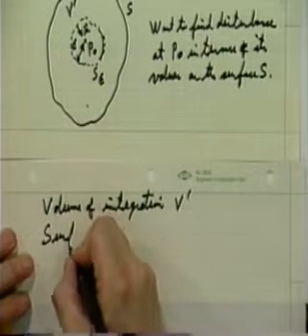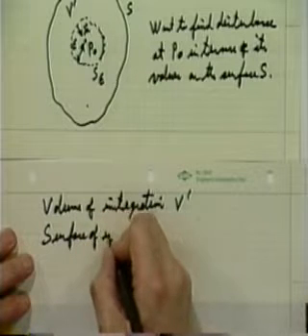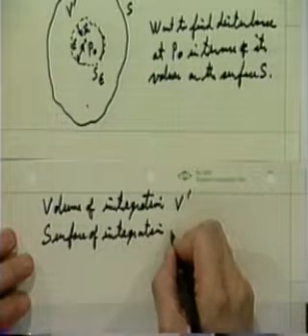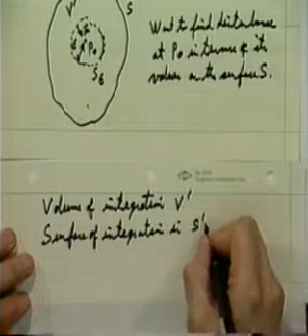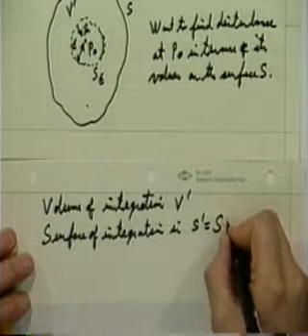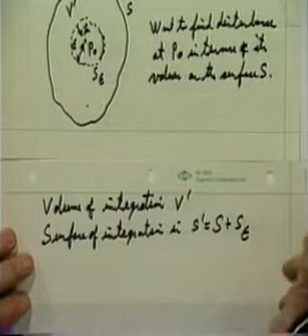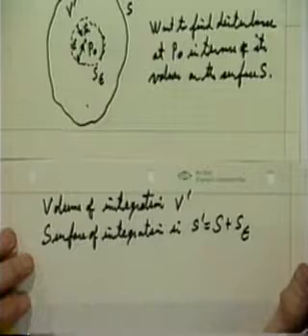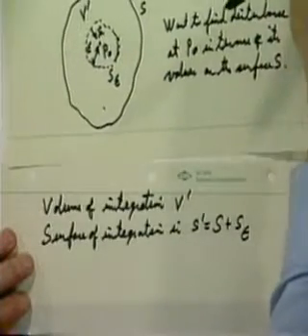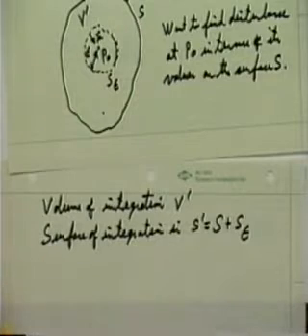The surface of integration is S prime, which is S, what's outside, plus S sub epsilon. Okay? Any questions up to this point?